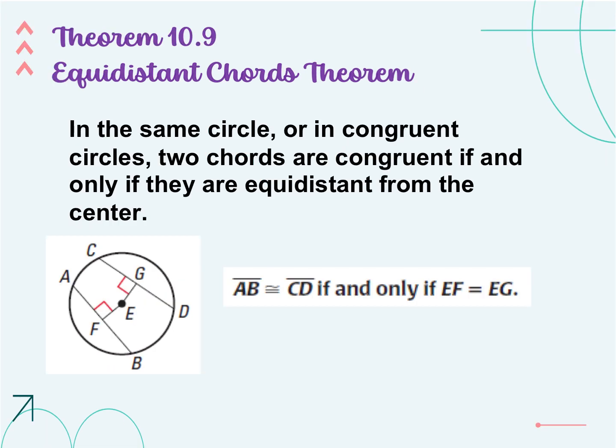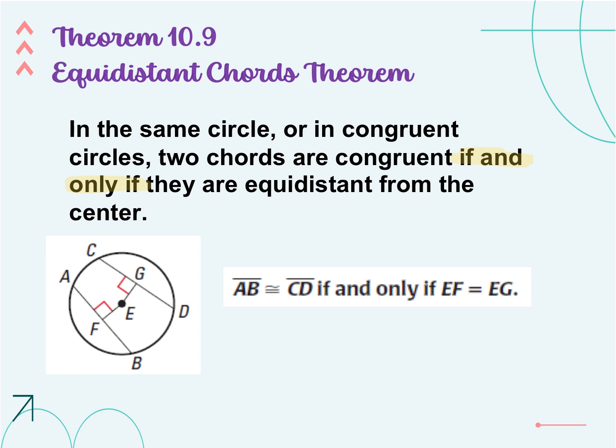All right, equidistant chords theorem. What does equidistant mean? Equally distant, yes. So in the same circle or in congruent circles, two chords are congruent if and only if they are equidistant from the center.